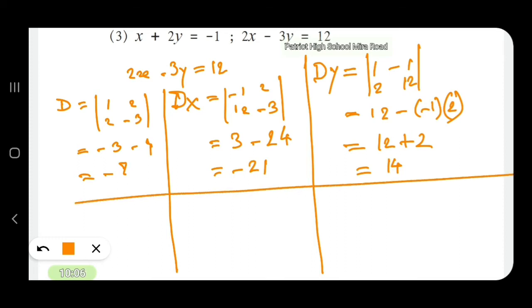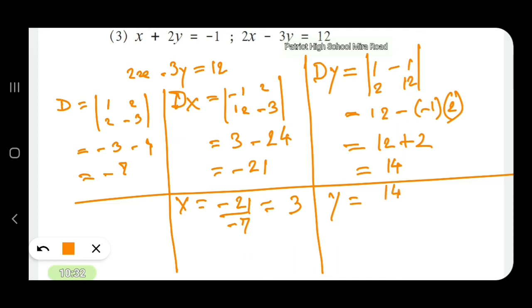Therefore, x is equal to dx upon d, that is minus 21 upon minus 7. A negative quantity divided by a negative quantity will be positive. 21 divided by 7 will be 3. Y is equal to dy upon d.